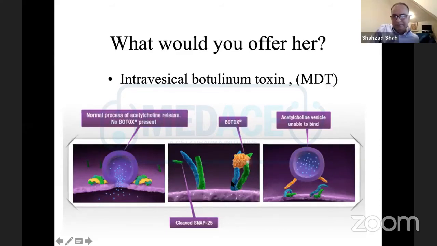It's a combined process. What Botox does is to cleave the SNAP25 proteins from the SNARE proteins, and so this exocytosis machinery fails to assemble, and the acetylcholine remains within the vesicle and is not discharged into the synapse. It's a reversible process.